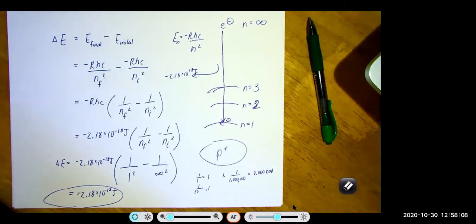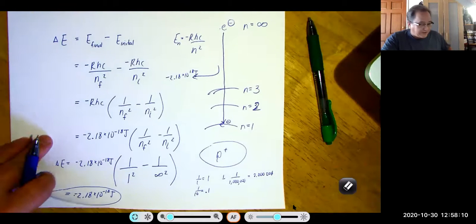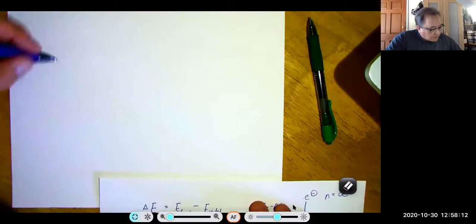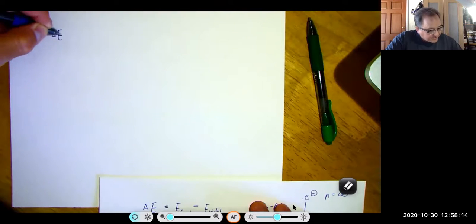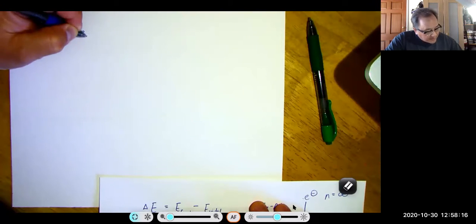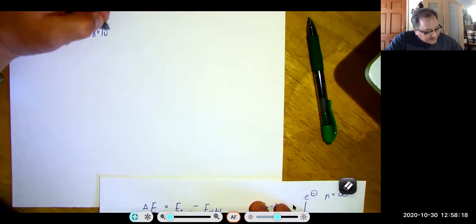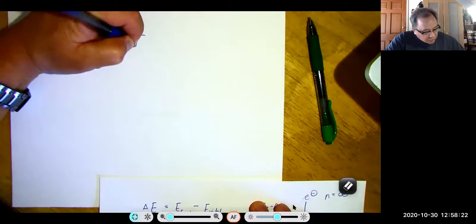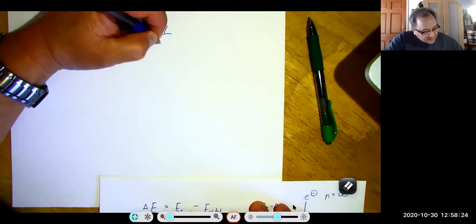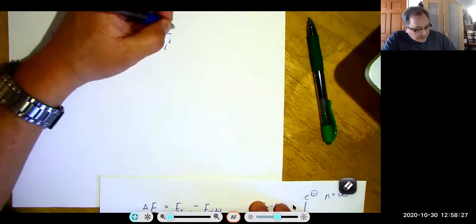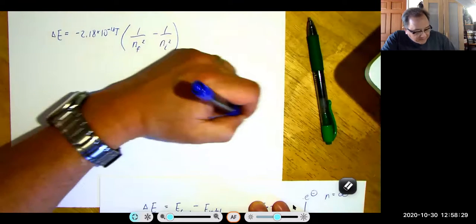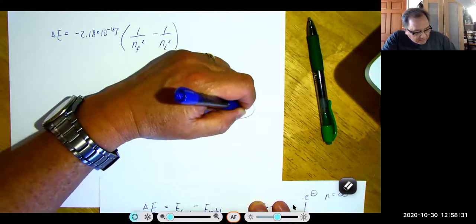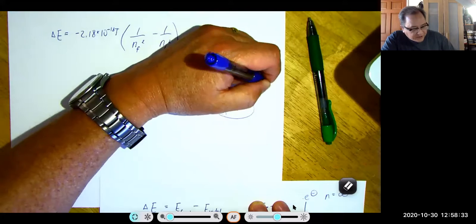So now, this is the very last thing. I want you to calculate the change in energy, which is negative 2.18 times 10 to the negative 18 joules times 1 over n final squared minus 1 over n initial squared. And I want you to calculate it for this situation.